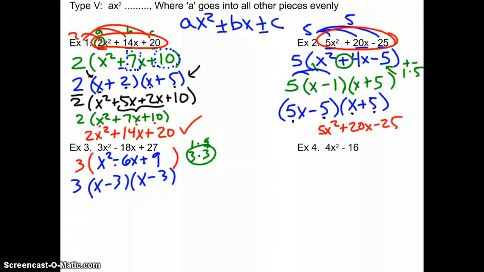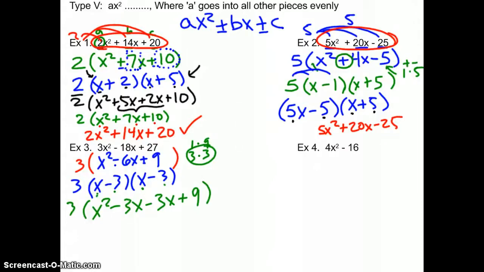Let's do it the same way we did last time, the first way. My first terms, x squared. My outer terms, negative 3x. My inner terms, negative 3 times x is a negative 3x again. And my last terms, negative 3 times negative 3, is a positive 9.